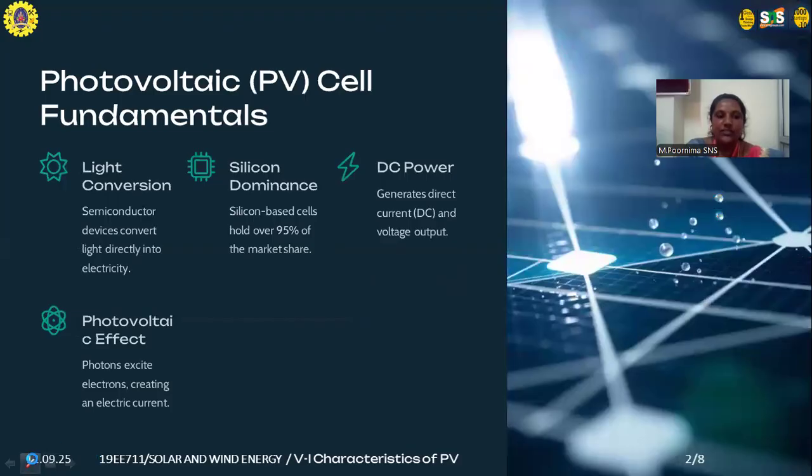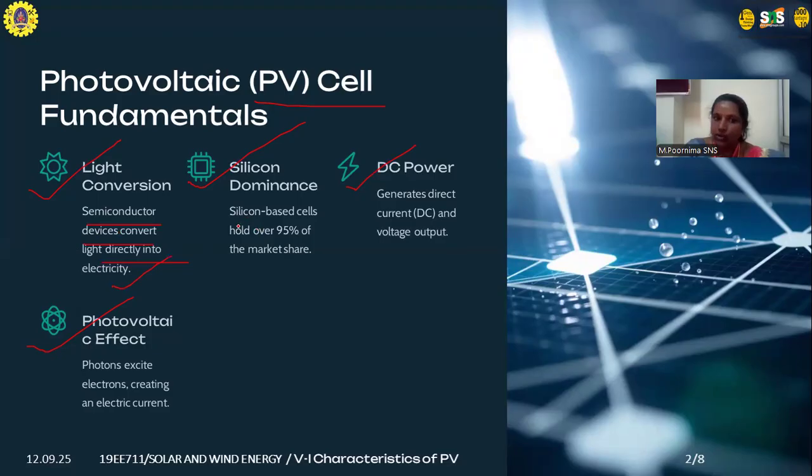First thing is fundamentals. What are PV fundamentals? We have four fundamentals: light conversion, silicon dominance, DC power, and the photovoltaic effect. First, light conversion: a semiconductor device which converts light energy into electricity.